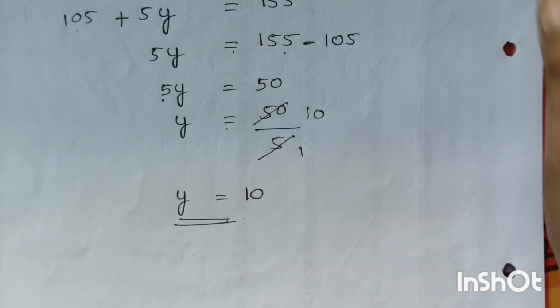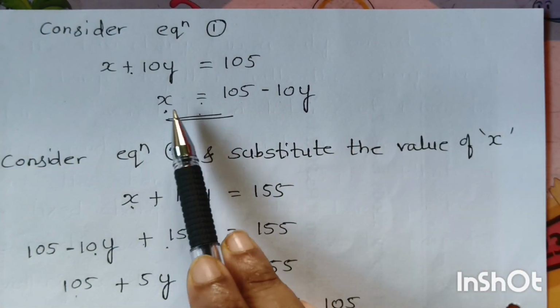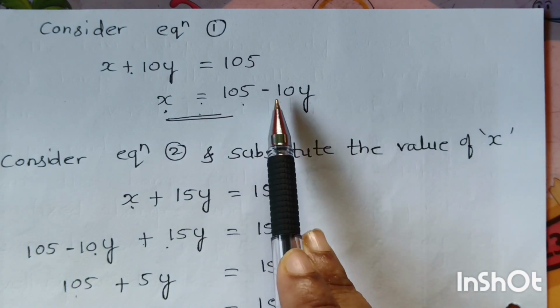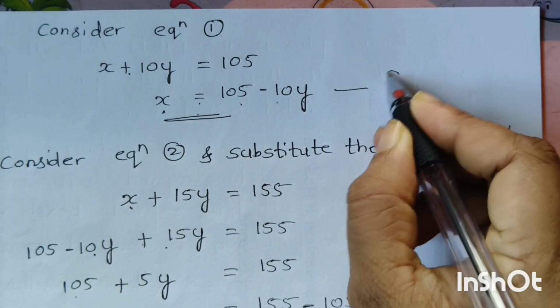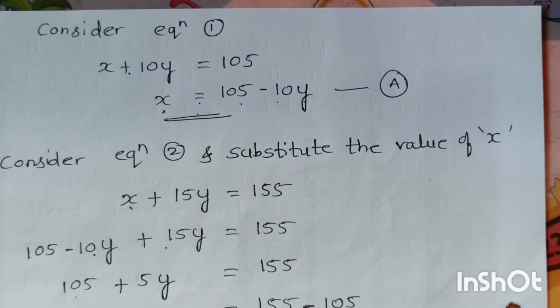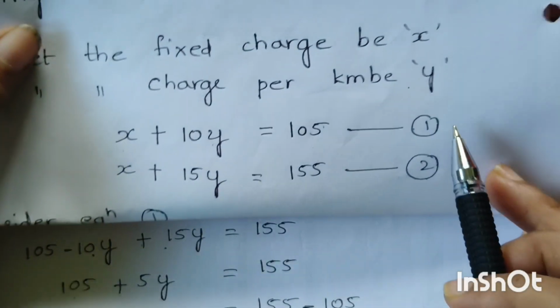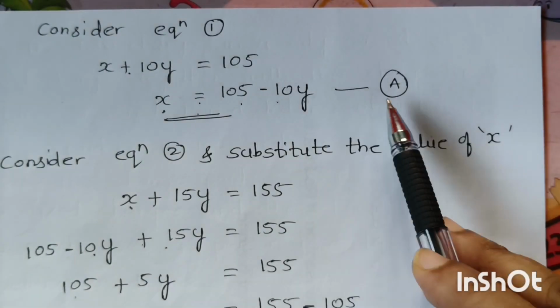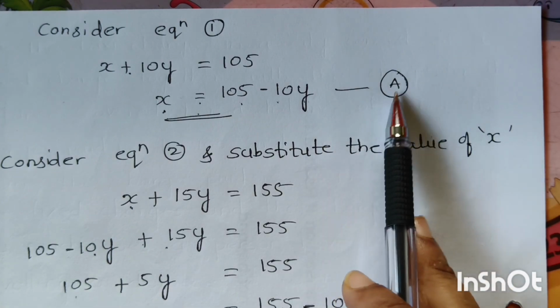And afterwards we got this equation x is equal to 105 minus 10y. Now let me write this as equation A. To get the value of x, you can substitute the value of y in any of these three equations, 1, 2 or in equation A. It is of your choice. I will substitute in equation A.